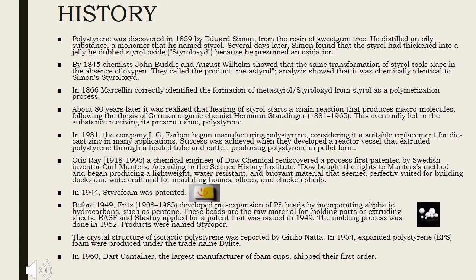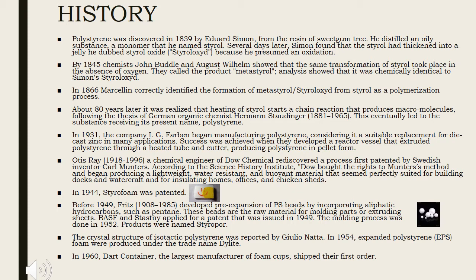In 1931, commercial manufacturing of polystyrene started. In 1944, styrofoam was patented. Till 1949, pre-expansion of polystyrene beads was invented by incorporating aliphatic hydrocarbons such as pentane.